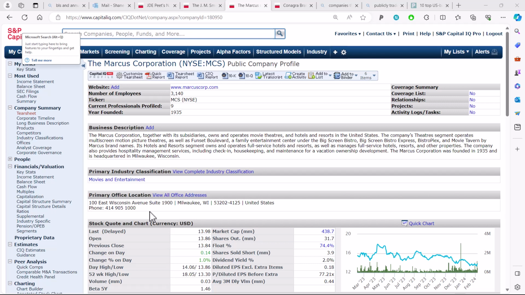So for example, the hotels generally cater to business customers, so the revenues and the earnings for those hotels are actually very sensitive to the economy, because if we're in a recession or the economy is contracting, businesses tend to pull back a lot on travel for their employees during those times. So the hotels are actually hurt quite a bit whenever the economy is doing poorly, but tend to do really well when things are going really well.